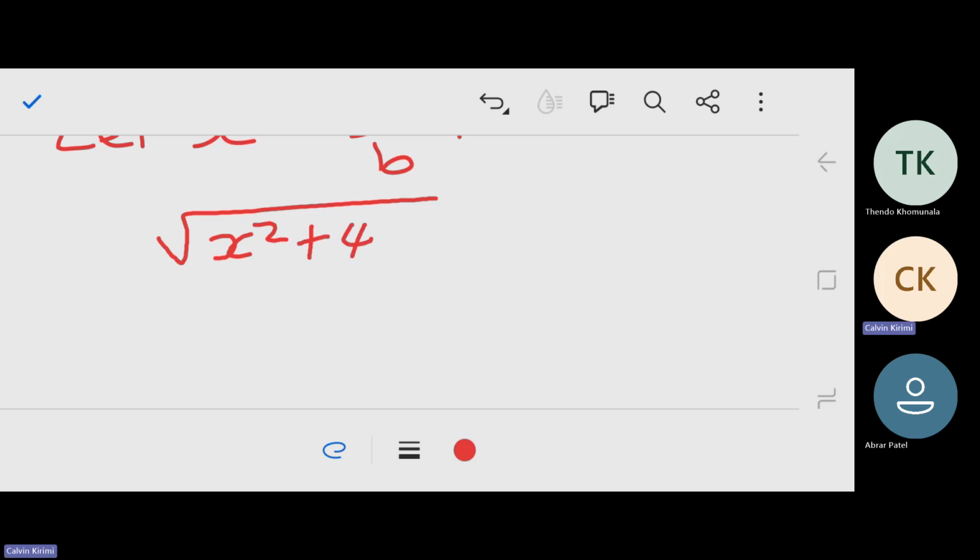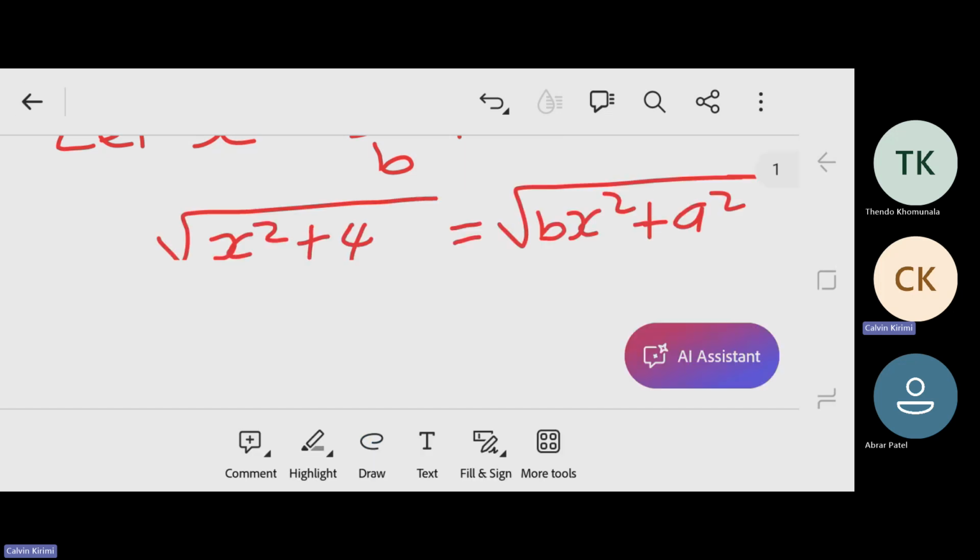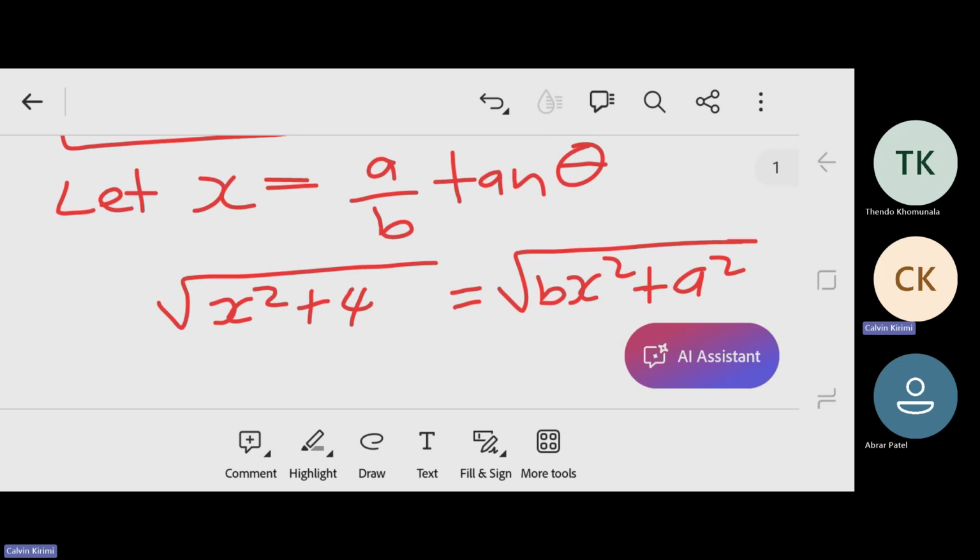We want to put it in this fashion, which means it equals the square root of b x squared plus a squared. That is our format. So we want to know what b is and what a is, so that we can replace them.